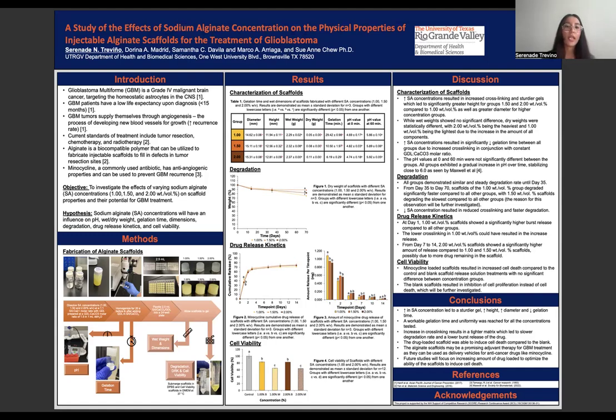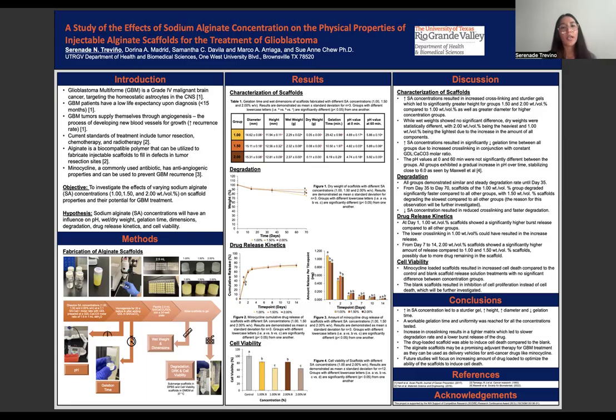And this is shown in the significantly greater diameter and height of the 1.5 and 2% groups compared to the 1% group. We can also see this in the increase in dry weights as the sodium alginate concentration increases in the groups, and also a decrease in gelation time.